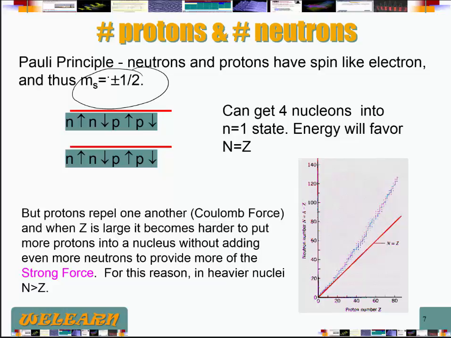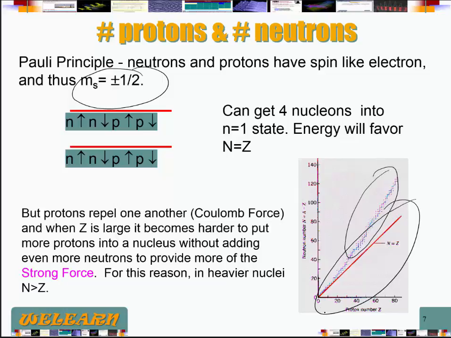The lowest energy state is favored for a state where N is equal to Z. But as the nuclei get larger, because the protons repel one another with the Coulomb force, and because the strong nuclear force has a limited range, we are going to need more and more neutrons.